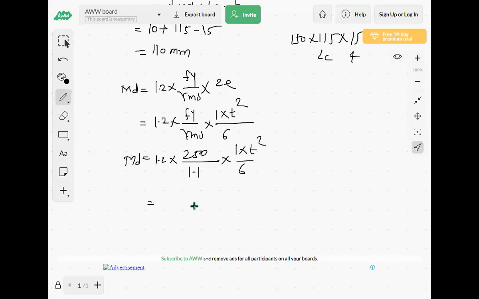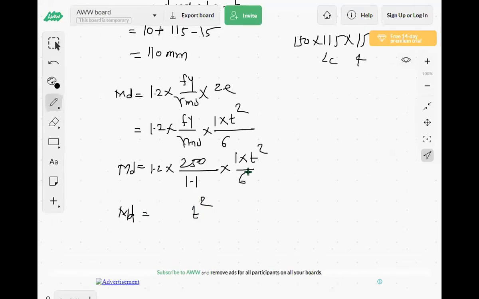So now calculate the MD value in terms of t square. Tell me the answer. Do this calculation in terms of t square.